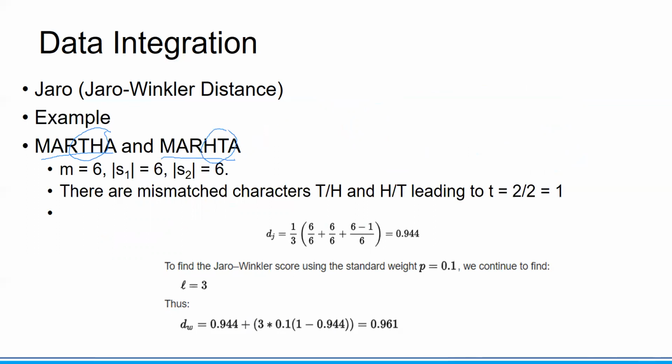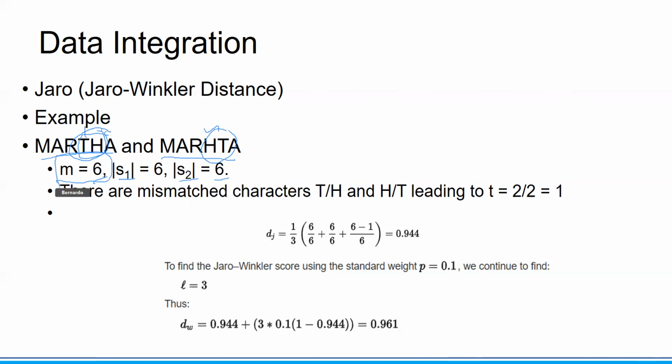The length is 6. S1 is 6 and S2 is 6, and we have m, because the distance between T and H is short, so we can say they are still matching.